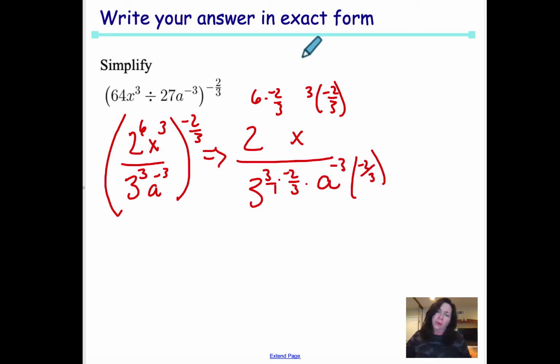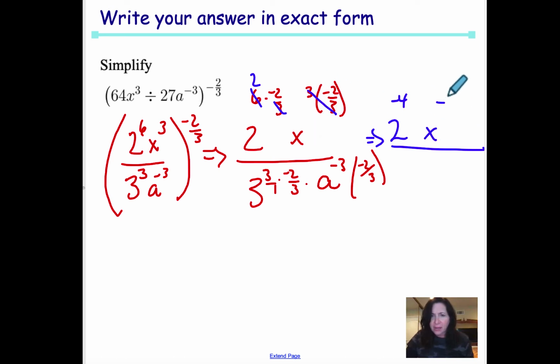All right, so canceling these values out, this 3 actually cancels into the 6 twice, but I still have a value up there. I get 2 to the negative 4 power, and then x, 3's cancel, so I have x to the negative 2 power. On the denominator, that's a 1, so that's 3 to the negative 2 power, and then here 3's cancel, negative negative makes positive, and so that's going to be a to the positive 2 power.